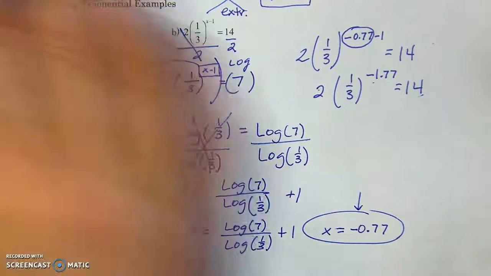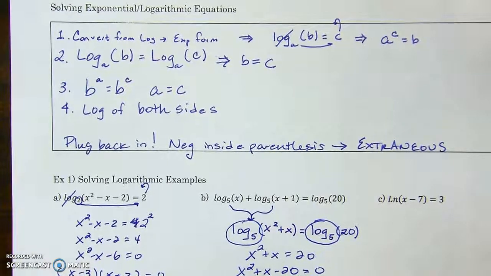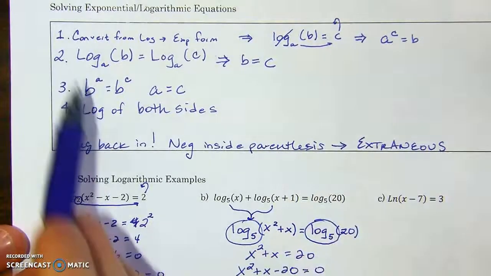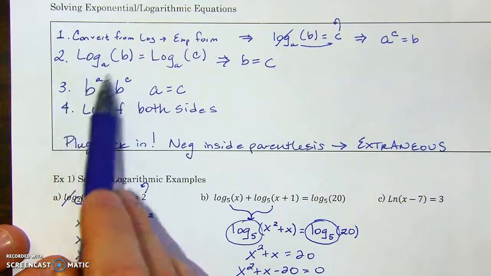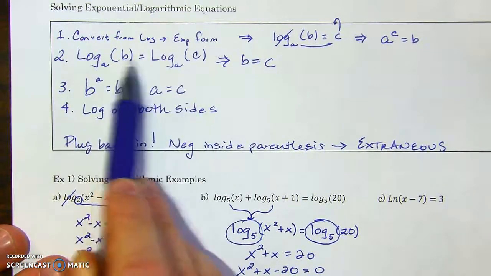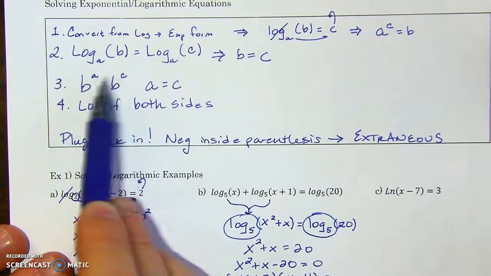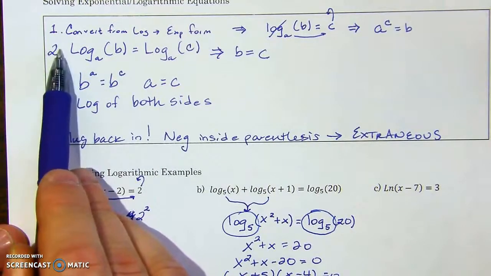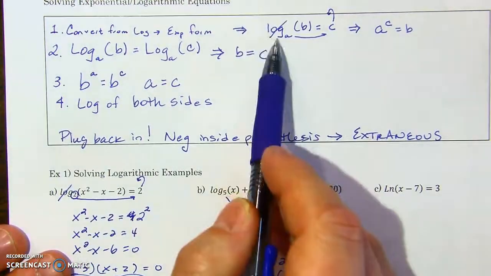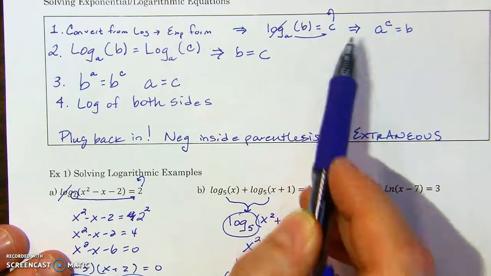All right, so a little recap of our notes here. Solving logarithmic and exponential equations, okay? In both forms, logarithmic and exponential, if we have the same log, we can set our quantities equal. Or if we have the same base, we can set our exponents equal. If that's not the case in our logarithmic function, and we just have one log set equal to a constant, let's change that to exponential form.